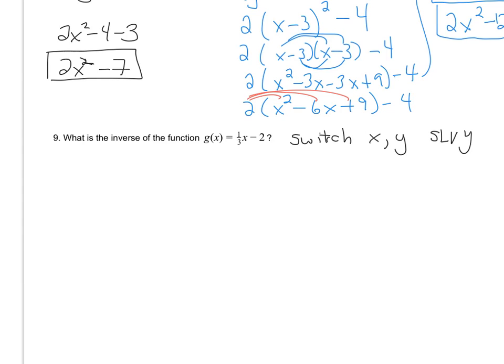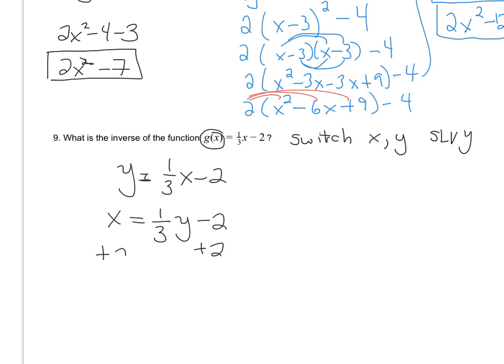I don't really see a y here, but if you remember, this g of x is really just another representation of y. So this is really y equals 1/3 x minus 2. To find the inverse, I will just switch the x and y. So I'll make this x equal to 1/3 y minus 2. And now I'll resolve for y.